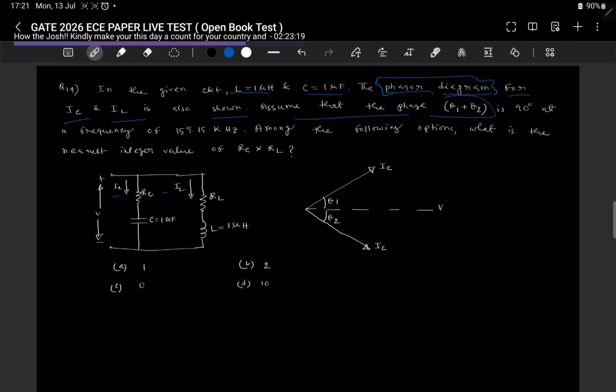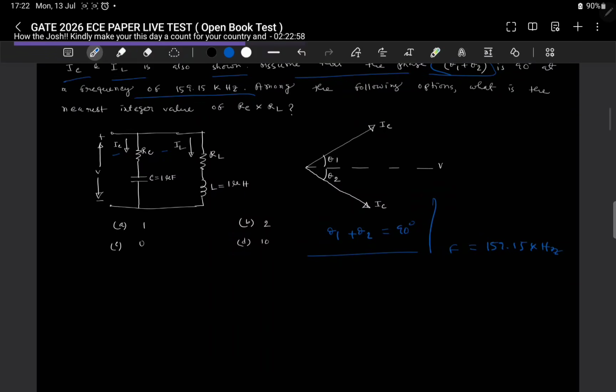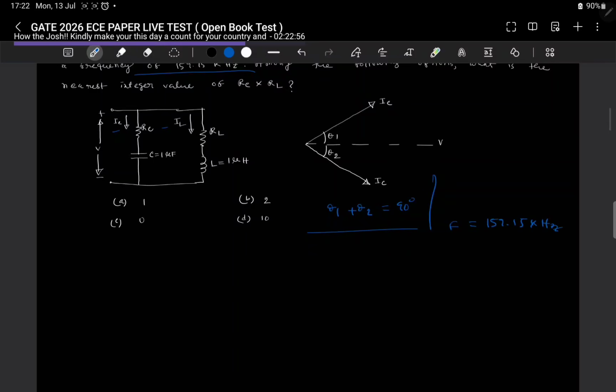Assume that the phase theta 1 plus theta 2 is 90 degree at frequency, this frequency is 159.5 kilohertz. Okay, what is the nearest integer value of this two's multiplication?